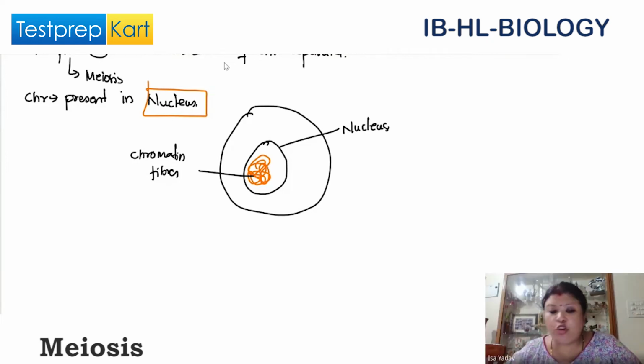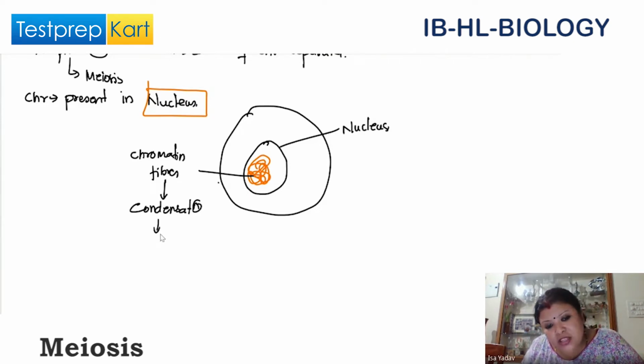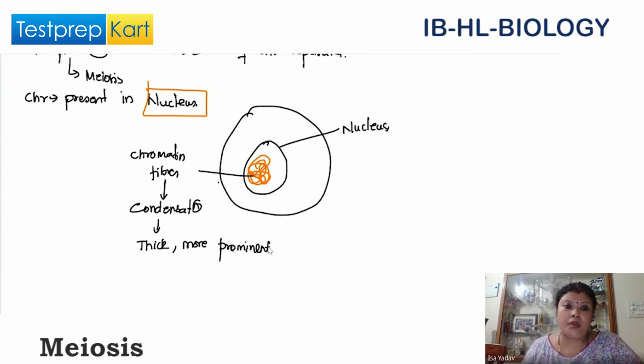Now, these chromatin fibers will undergo condensation. That means they will become thick and more prominent. You can easily see the structure. They condense to finally form chromosomes.